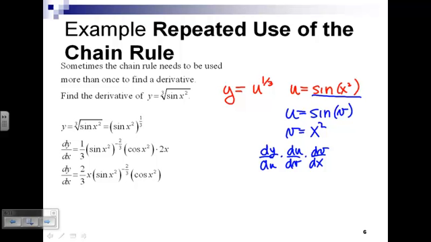Are you ready for another? Should we try another one? We're just at 2x from that. That 2x is the derivative of x squared. This is the derivative of the outside, leaving the inside the same. This is a composite function itself, so we take the derivative of the inside to get the 2x.